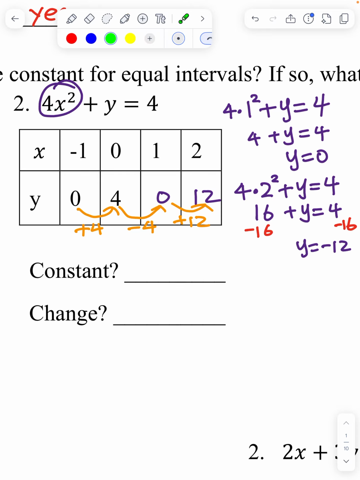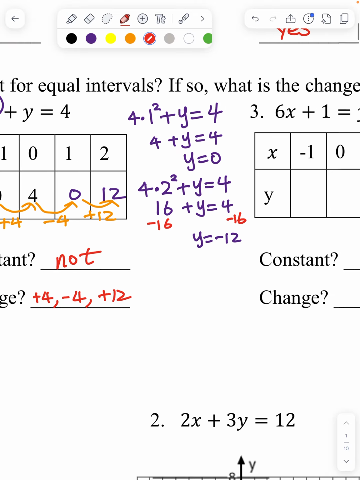So this is all different. Positive 4, negative 4, and positive 12. So the change from one term to the second is not constant. So we're going to say, no, it's not constant. The change is a positive 4, negative 4, and positive 12.